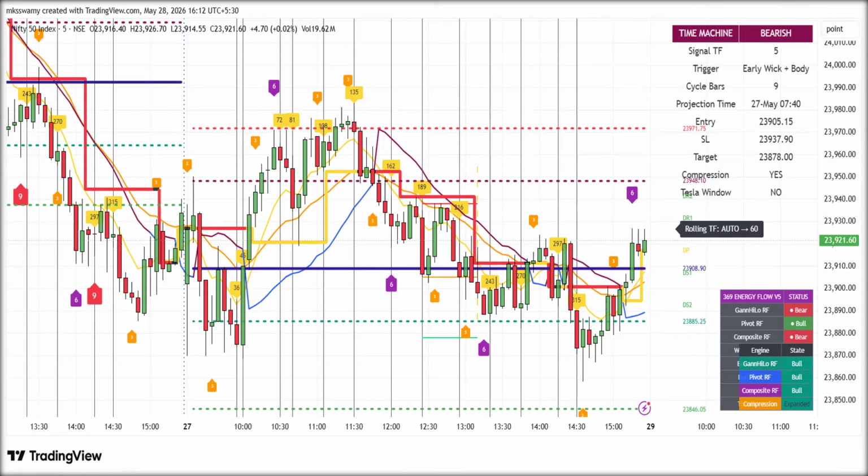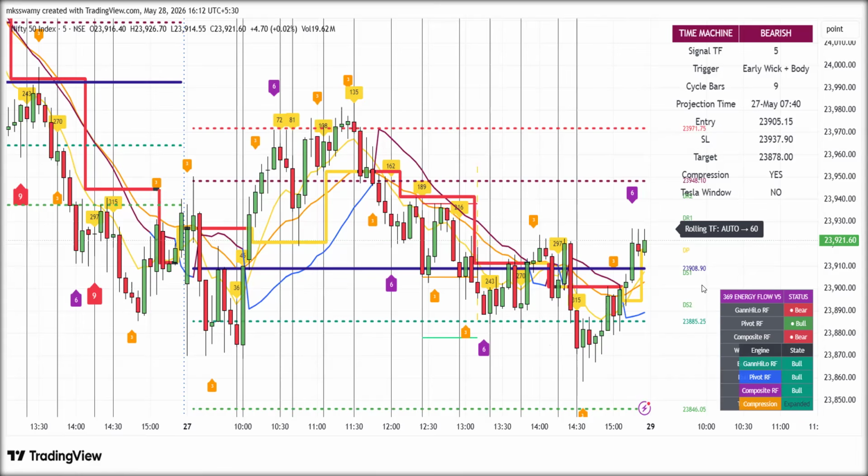On top of it, the time machine plots whether it is bearish or bullish. And the 369 energy flow window also tells you what is happening with the GANN HiLo, RF, everything. These tables will alert you, and with this, you can trade better.